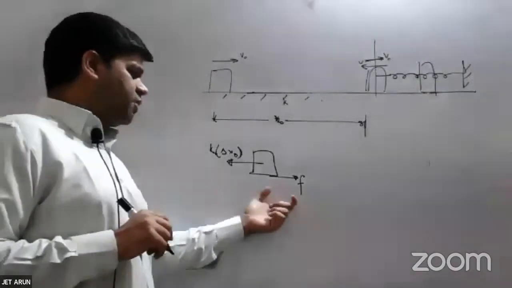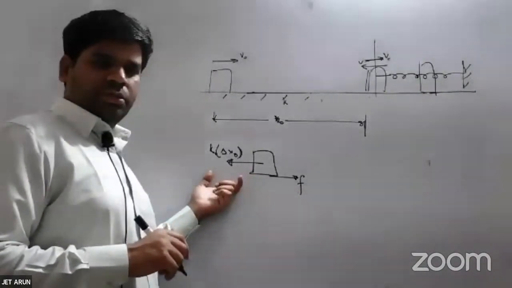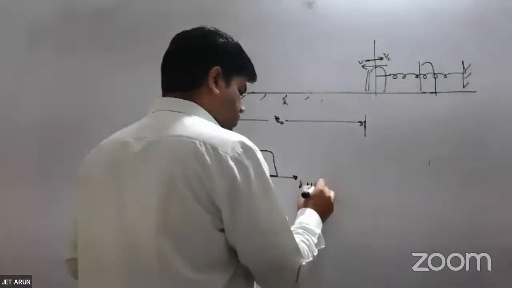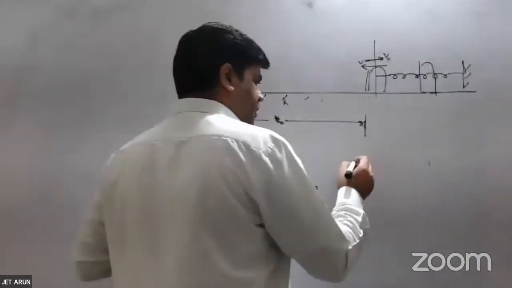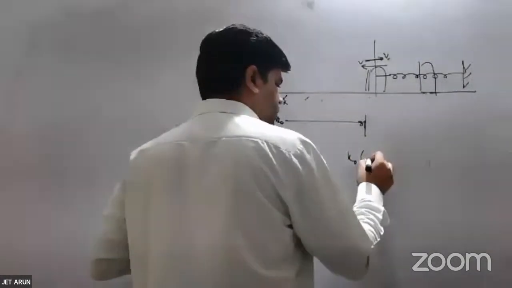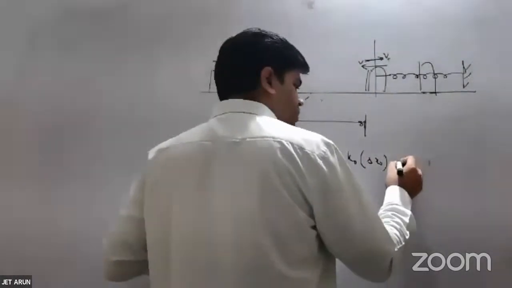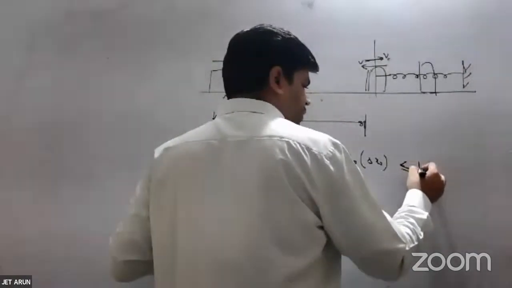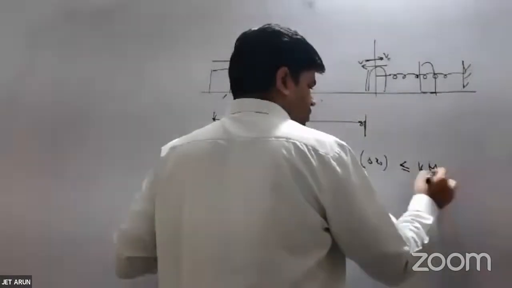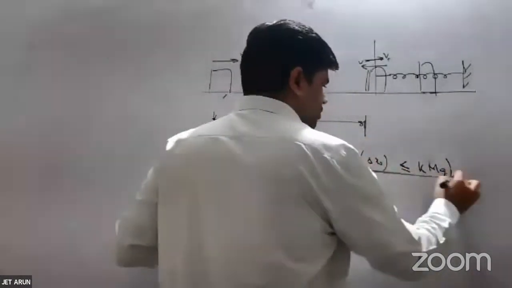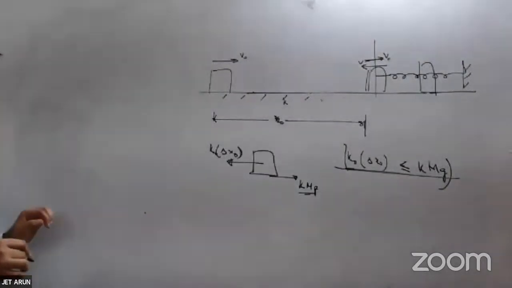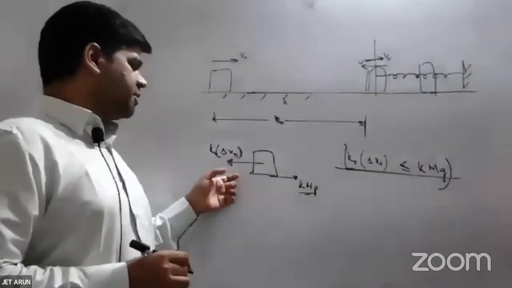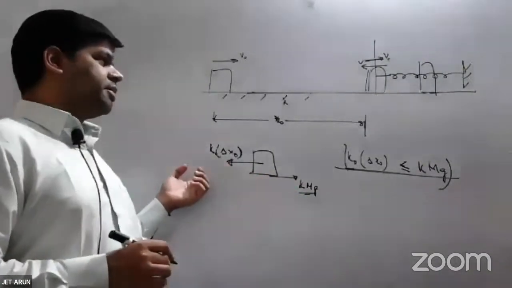That means friction will be sufficient to counterbalance k naught delta x naught. Then it will remain at rest. What is the limiting value of the friction here? Mu mg. So my ultimate condition should be that the force due to the spring, k naught delta x naught, should be less than or equal to mu mg. All right, this is one condition for the particle to remain there itself. It should not bounce back. If it is greater than this, friction cannot counterbalance the spring force, and it will start coming back.